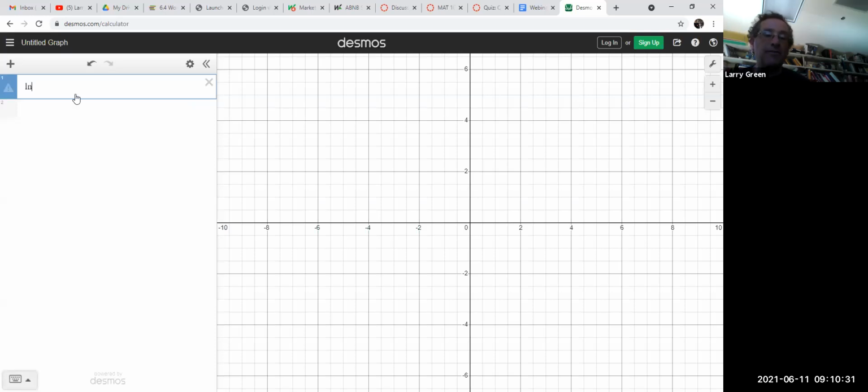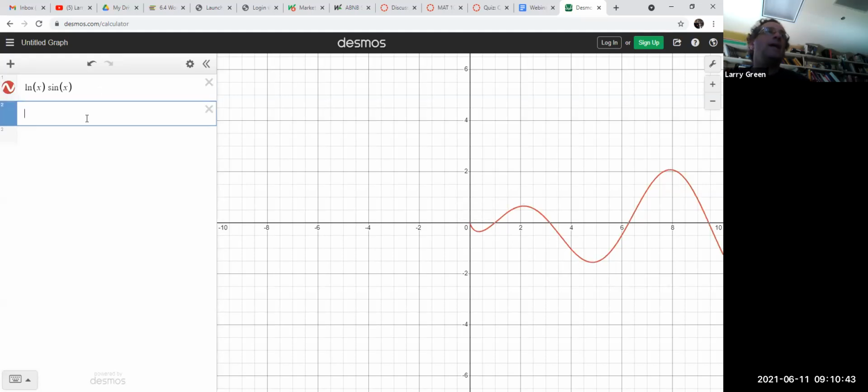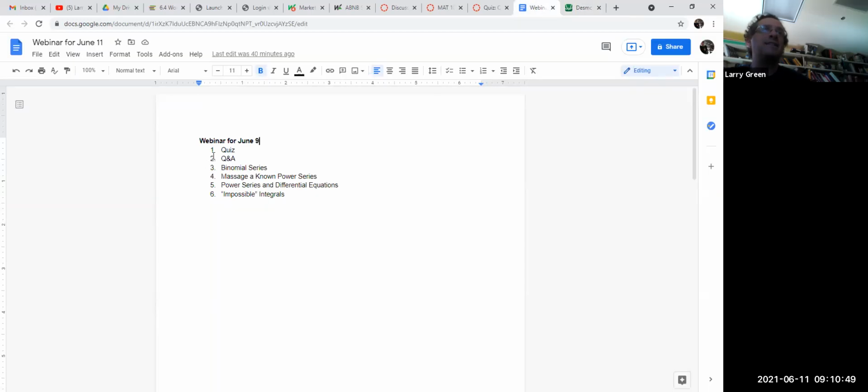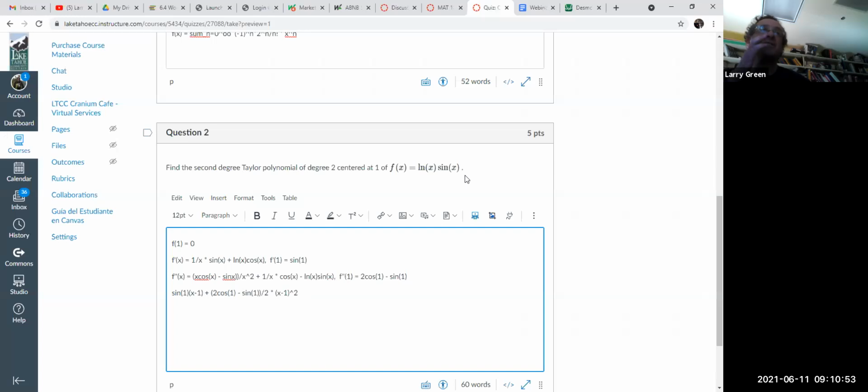We had ln of x times the sine of x, and that's what it looks like. And here's x equals 1 right here. And now let's see what we got. I want to just show you that it does what it's supposed to do, because I didn't actually show you that last time. So I figured I better show you what's going on here.